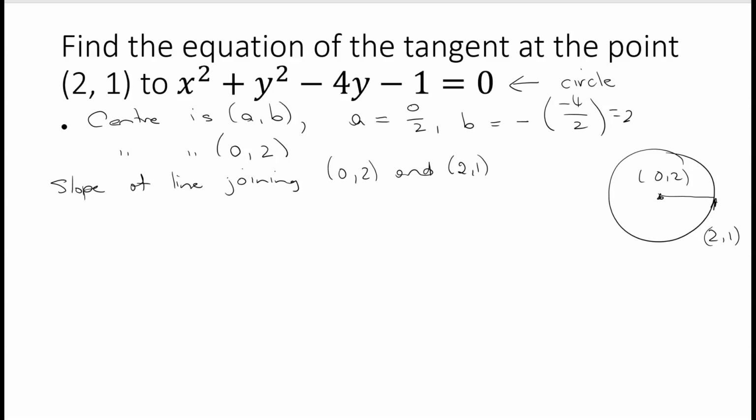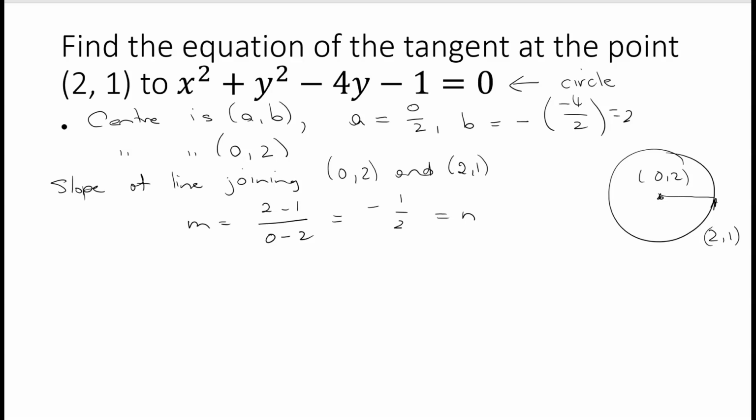It would be 2 minus 1 over 0 minus 2. So it would be negative 1 over 2. My diagram's not really quite right, but that's the slope from the centre to the point, and let's call that n.